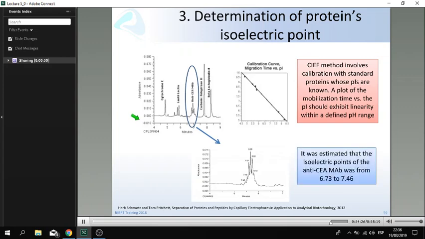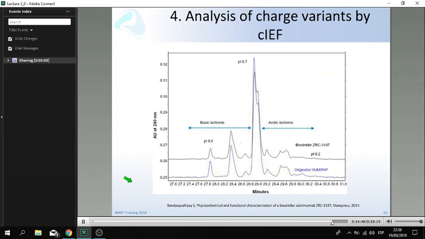For this complex monoclonal antibody, we have quite a lot of peaks, so quite a lot of charge isoforms, and their isoelectric points vary from 6.73 to 7.46, estimated using a standard curve, just like with everything else.